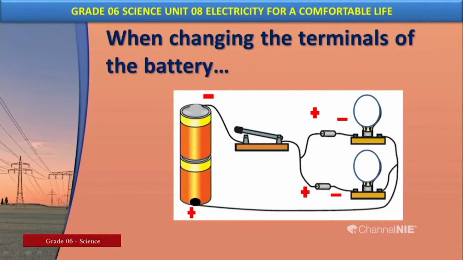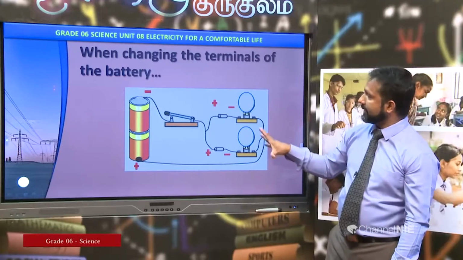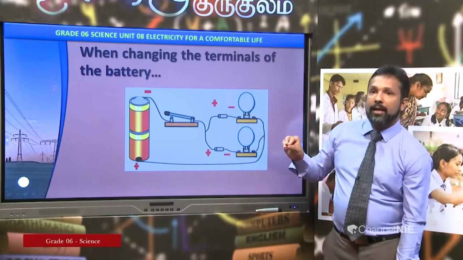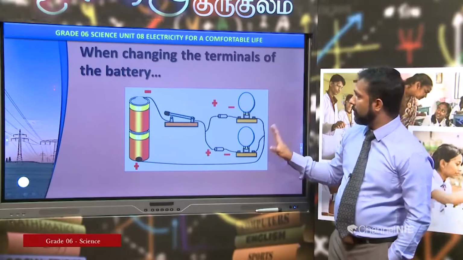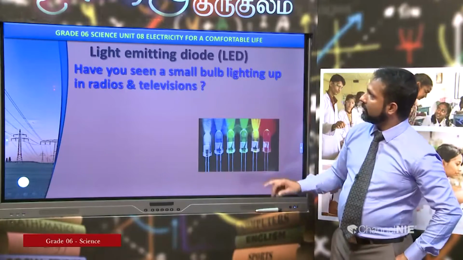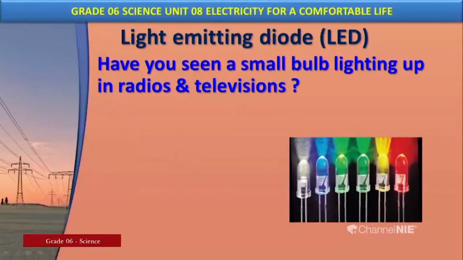But when changing the terminals of the battery, the negative of the battery to the positive of the diode, and the positive of the battery to the negative of the diode, we could not light up the bulb. Then we can move to the next lesson, that is light emitting diodes or LEDs.